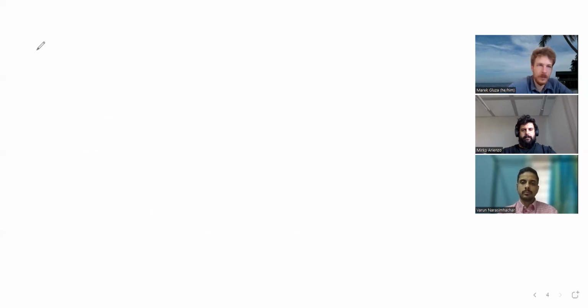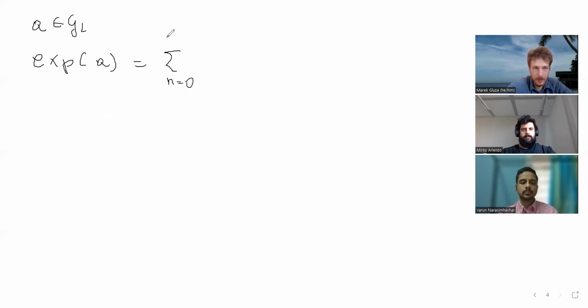That's important because exponentials of expressions from this Grassmann algebra are actually truncated series. So n from 0, and now at most until L. And then I have 1 over n factorial, and then a to the power n.